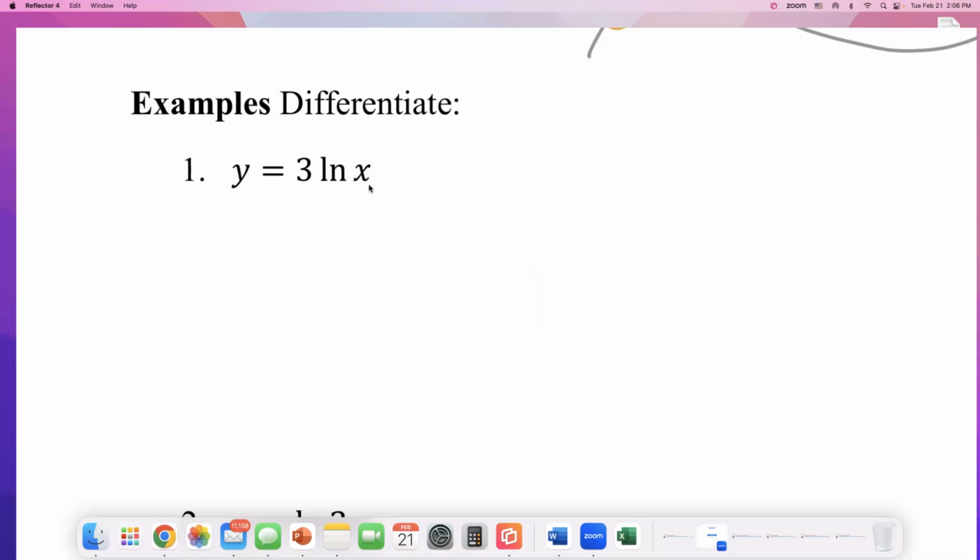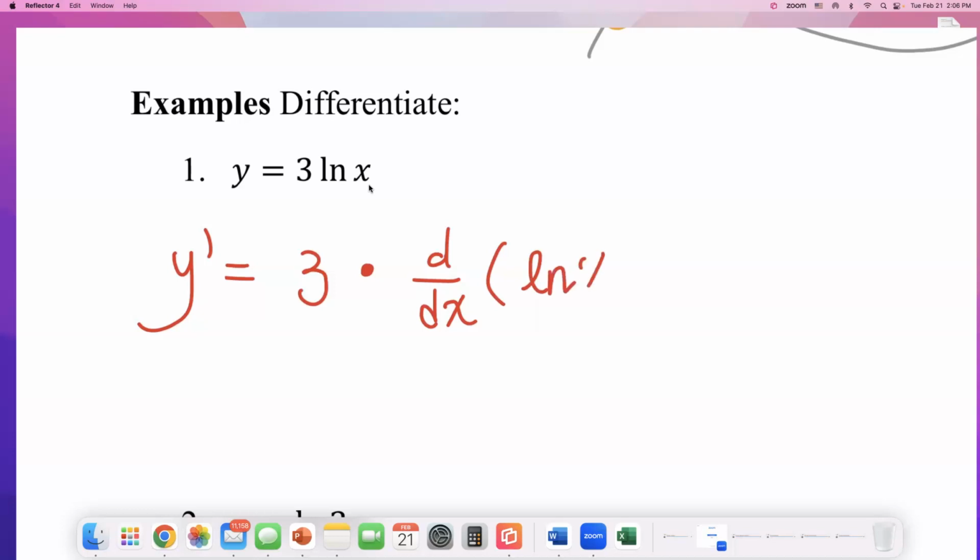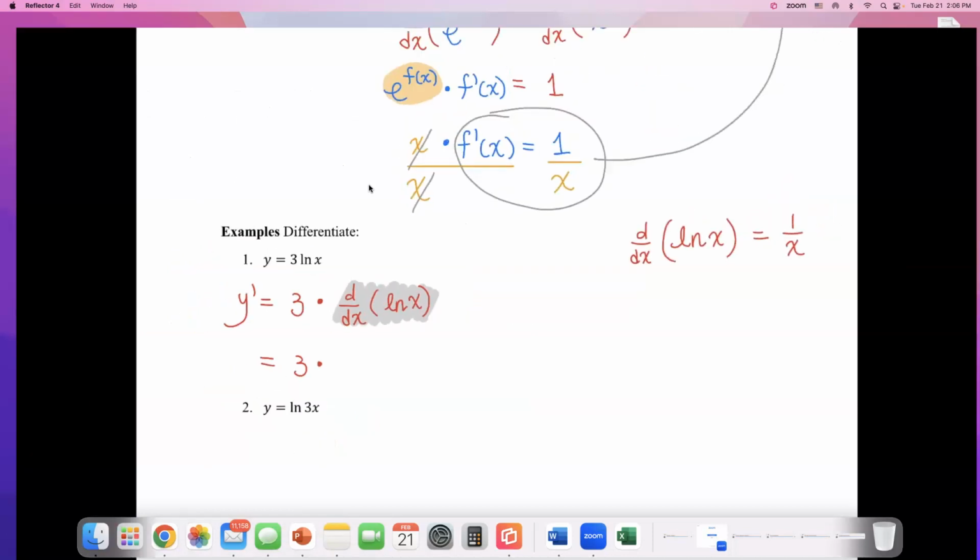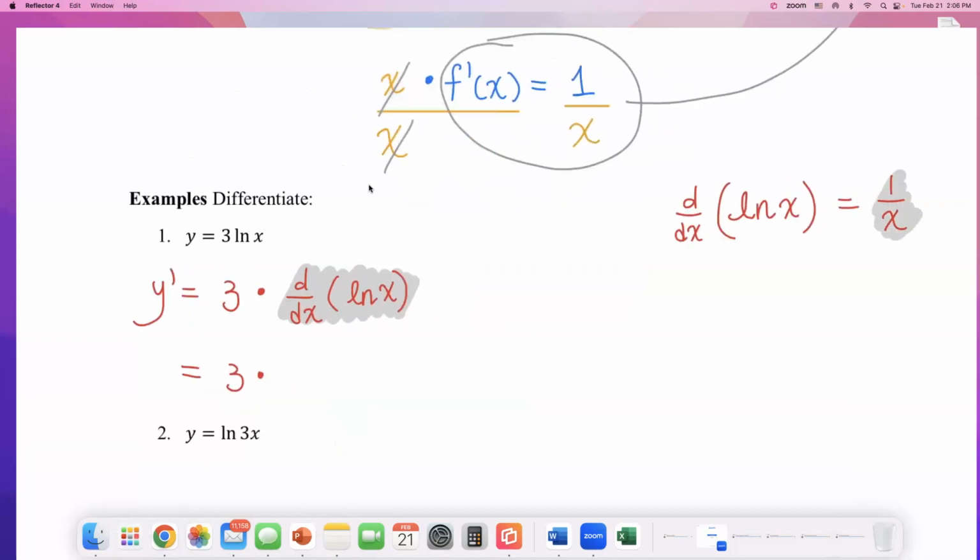Okay, so if you take the derivative of this, y prime is equal to, you can pull out the 3 to the front, but just take the derivative of natural log of x. Okay, so the 3 is just waiting, but we just said that this is equal to what? That is equal to 1 over x, right? So what is 3 times 1 over x? 3 over x. Okay, so that's got to be the answer right here, okay?